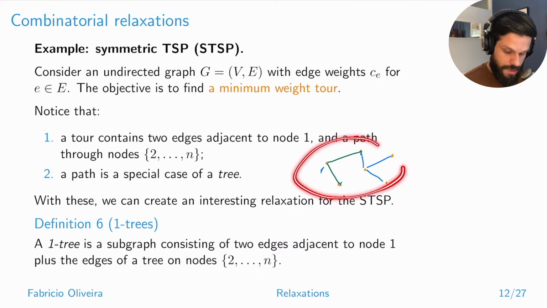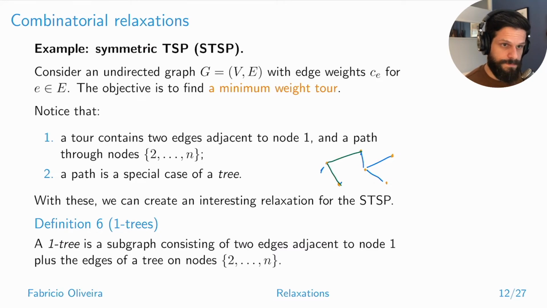So a tree is such that you have n minus 1 edges, and all nodes are connected. So here we have 1, 2, 3, 4, 5, 6 arcs, and 1, 2, 3, 4, 5 edges. So basically the notion of a one tree is that we'll have these 2 adjacent arcs, and then a tree on nodes 2 to 5.